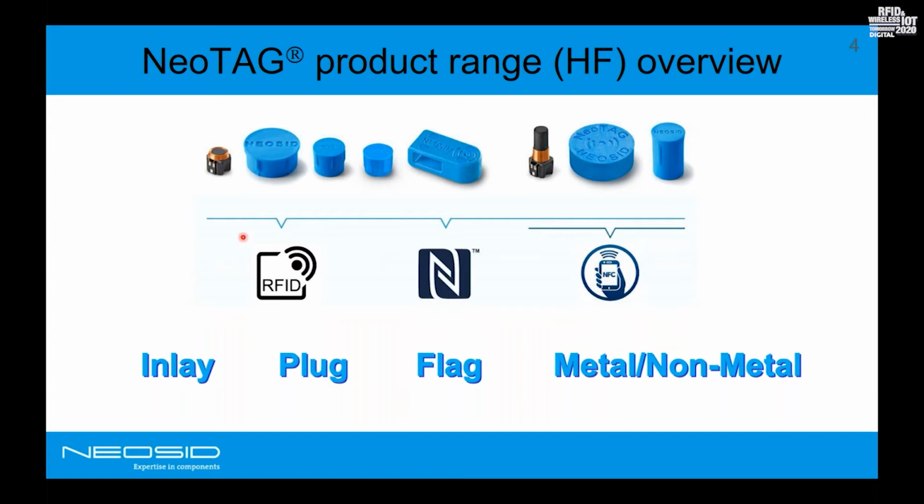One is an 8mm version. So the diameter is 8mm and the small inlay is placed inside. We have a 4mm version and a new transponder which only has 3mm in diameter. So it's quite small to identify very small objects.